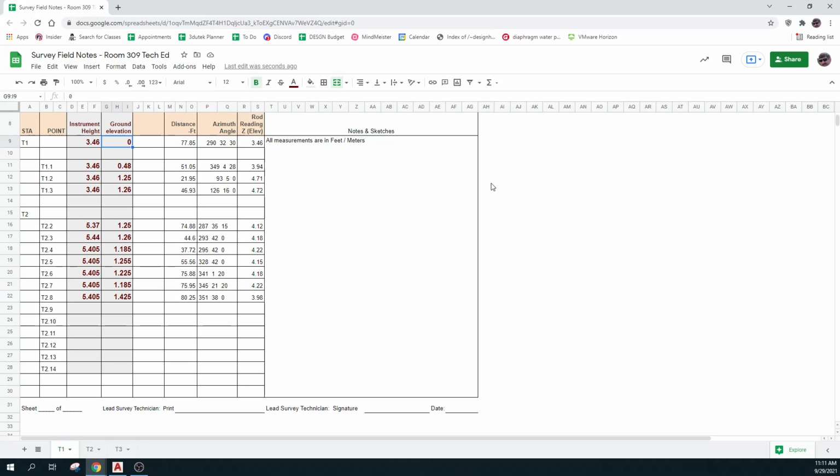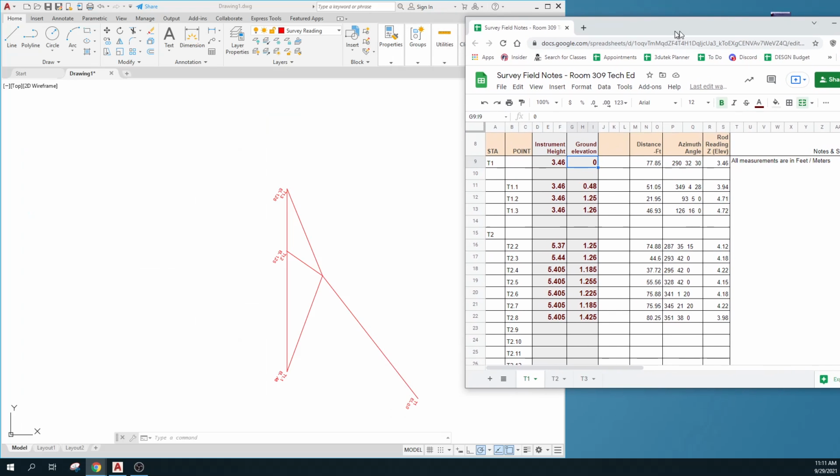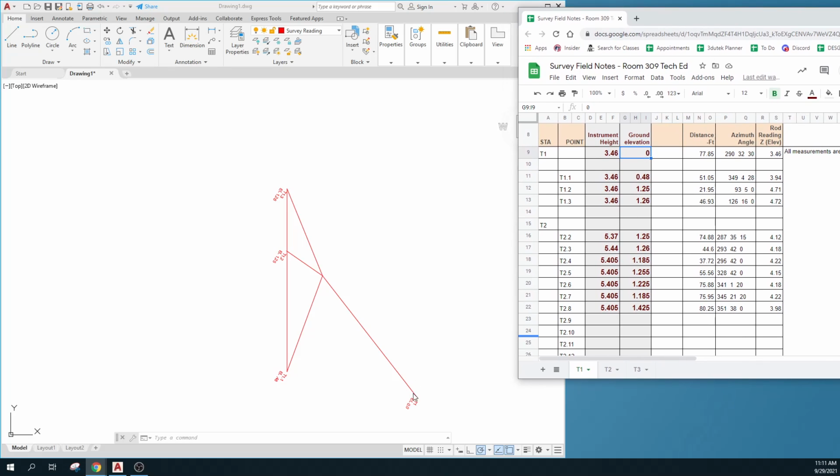Now I'm going to put these back side by side. Okay, we knew that the ground elevation was 0 right there. That's the corner of the building that we chose as project 0. So I can just write that one down.